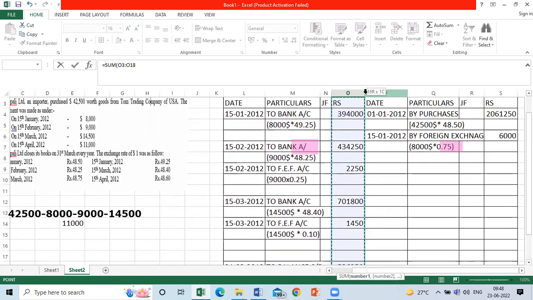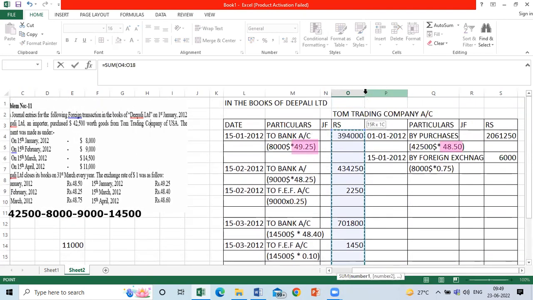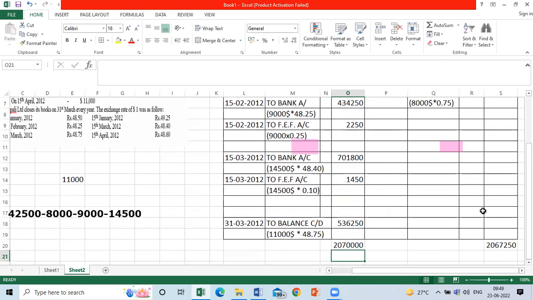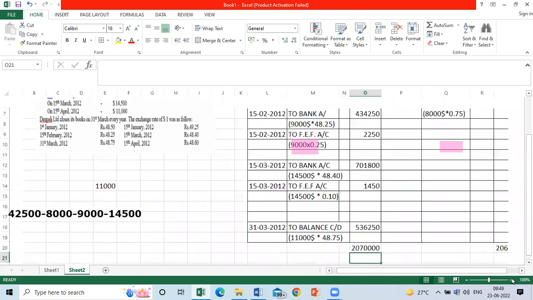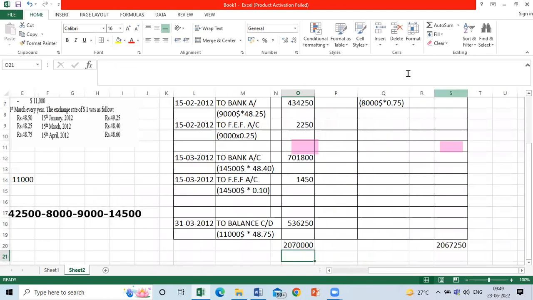Here your total will come. Here it is. If you look carefully, the total doesn't match. That difference is nothing but the profit or loss on revaluation of the closing balance.